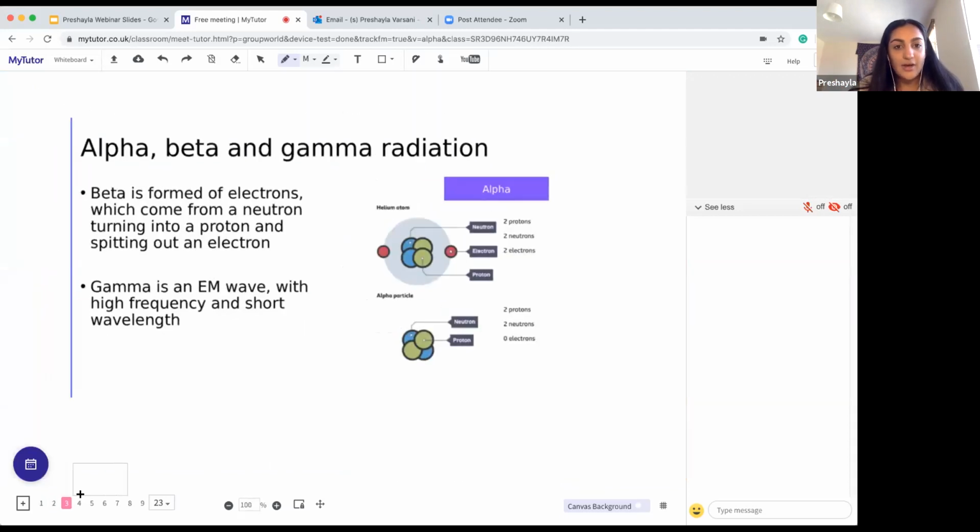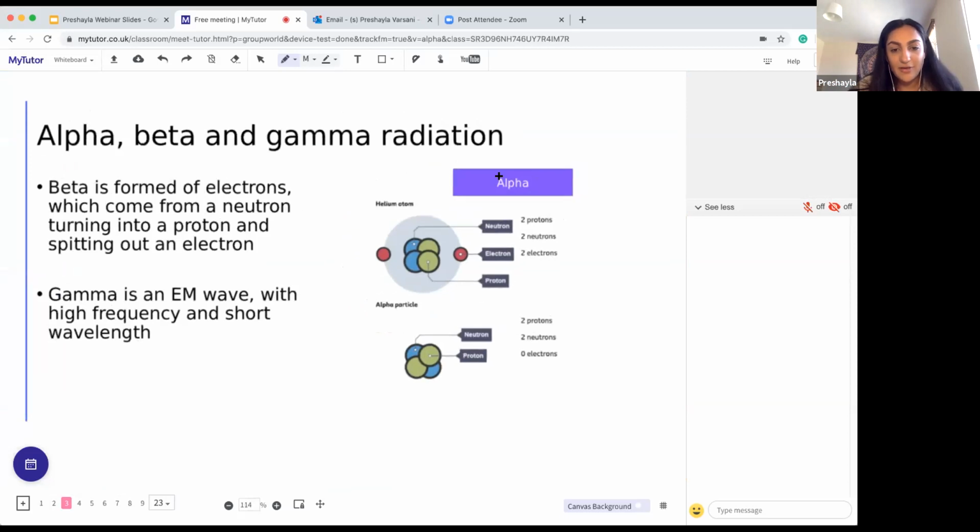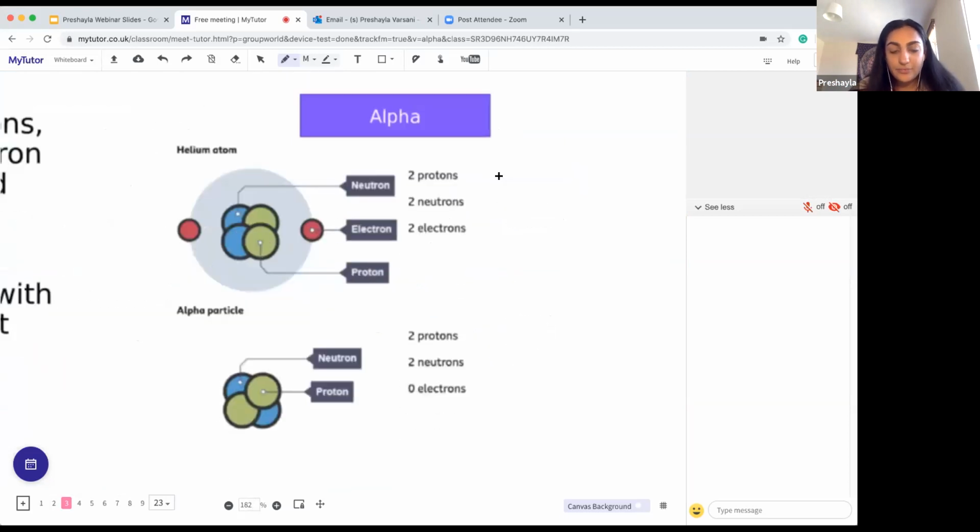So let's go and refresh alpha, beta, and gamma radiation. Let's start with alpha. Alpha is the nucleus of the helium atom. It does not take the electrons, only the nucleus. These blue and green dots here are the nucleus.